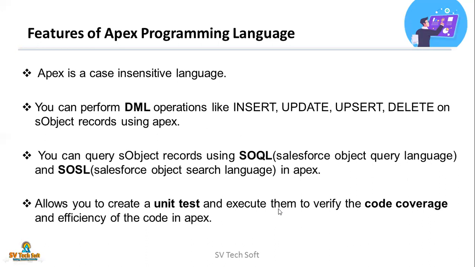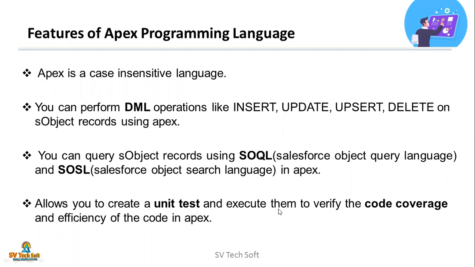Okay. By using Apex, you can perform DML operations. What is the meaning of DML operations? DML is nothing but Data Manipulation Language. It is performed on data to create, update, or delete.